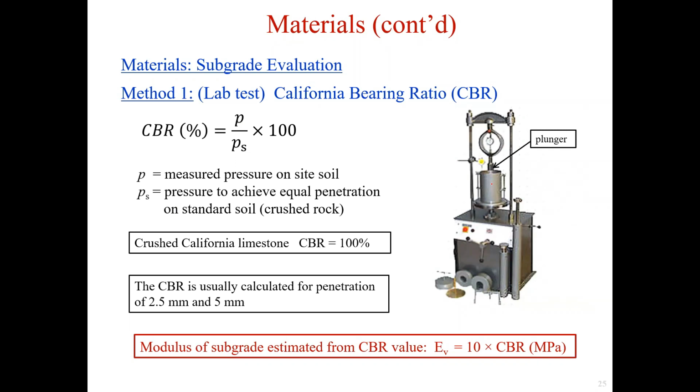The California bearing ratio is expressed as P divided by PS times 100, where P is the measured pressure on site soil or the soil sample in this testing container, and PS is the pressure to achieve equal penetration on standard soil or crushed rock. The CBR is 100% for crushed California limestone. And also, the CBR is usually calculated for penetration of 2.5 millimeter and 5 millimeter.